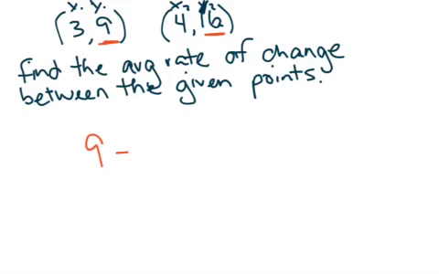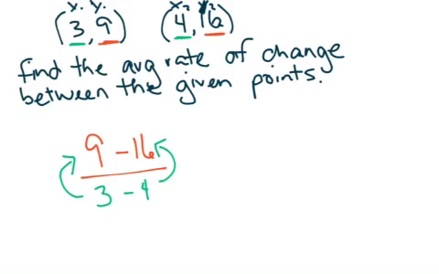F of a is 16 because they are the y values. Remember, f of is asking for y values. Over b, or the x value for 9, which is negative 3, minus a, or the x value for 16, which is 4.